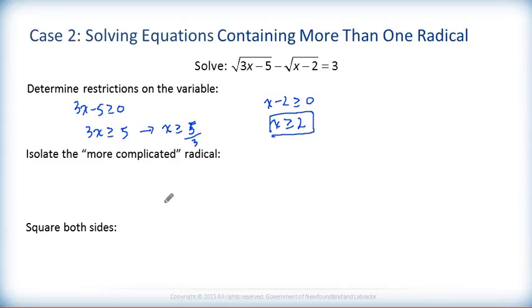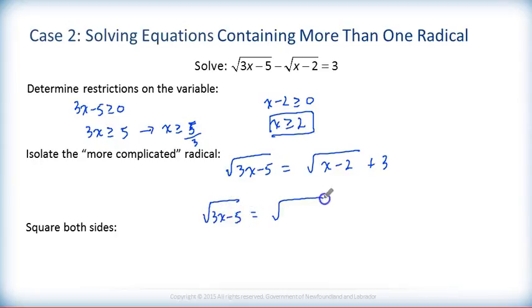To begin the process of actually solving the equation, we isolate what looks like the more complicated radical, which would be the root of 3x minus 5, equals the root of x minus 2 plus 3. Now we square both sides. I square each side completely.